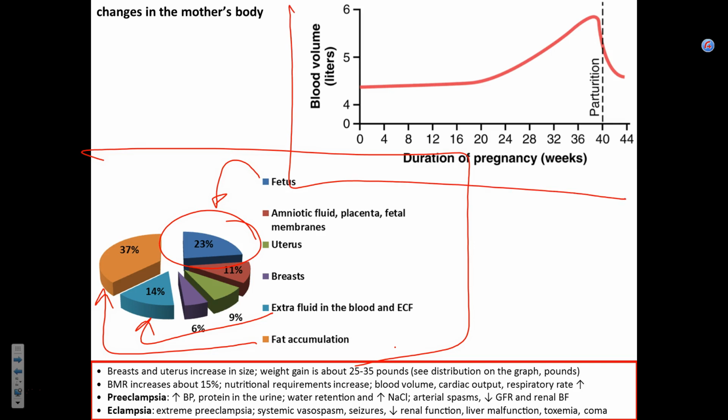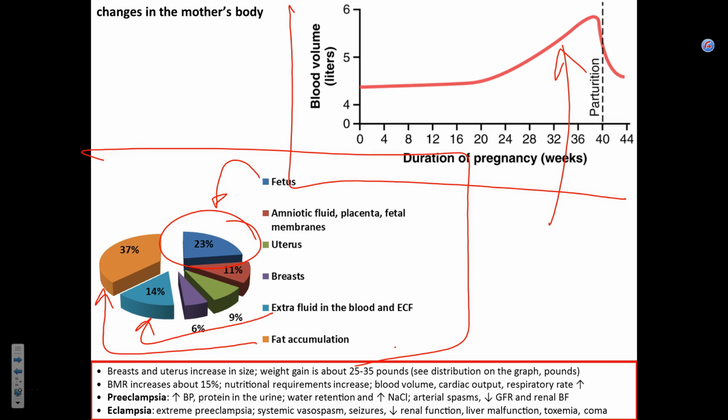The graph in the upper right corner shows you the volume of maternal blood, and you see that it dramatically increases in the last trimester of pregnancy. See that?